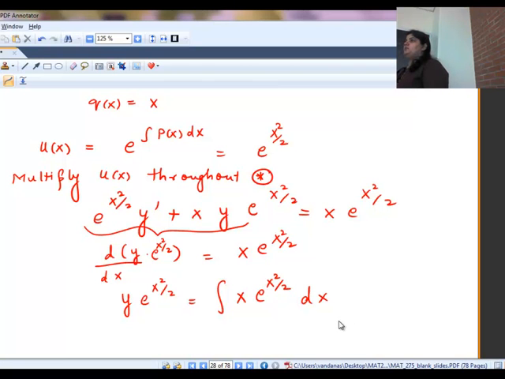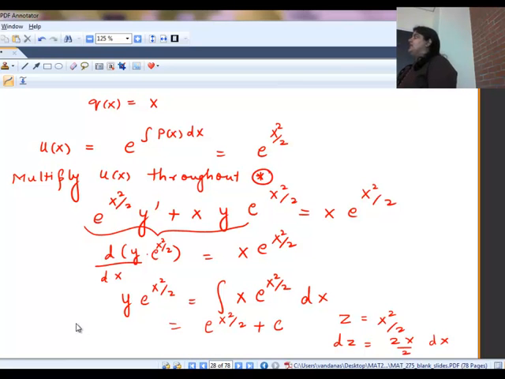Substitution. Do substitution. z equals x square over 2. dz equals 2x over 2 dx. So that means x dx will go away. So it's the integral of e to the power z, which is e to the z, right? So e to the power x square over 2 plus a constant of integration.